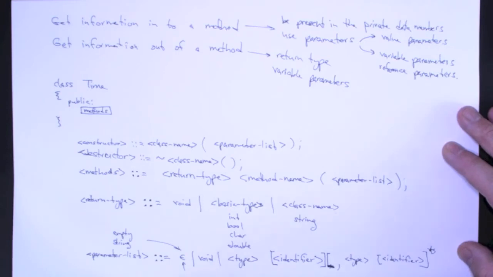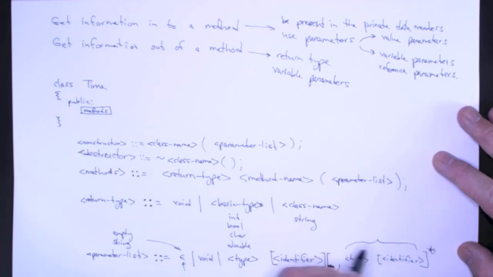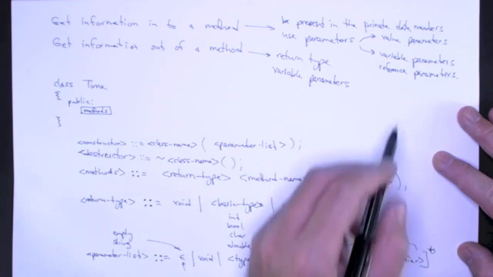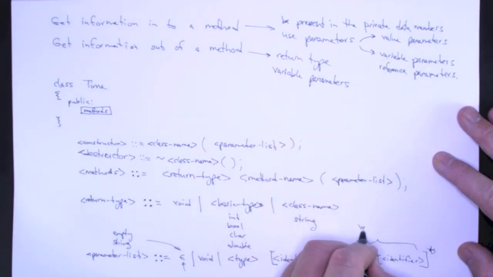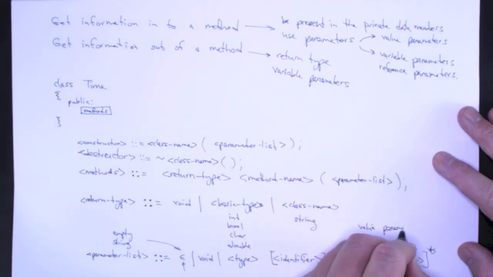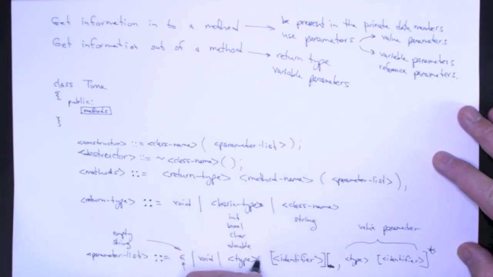If we just use the type and the identifier, then what we're doing is we're declaring a value parameter. And if we want to declare a variable parameter, then we add an ampersand. And so the ampersand actually goes between the type and the identifier.